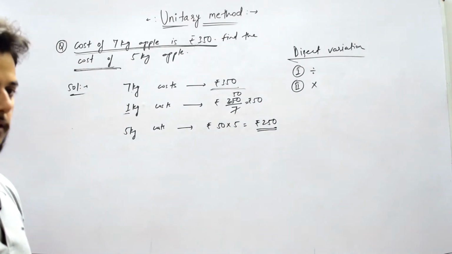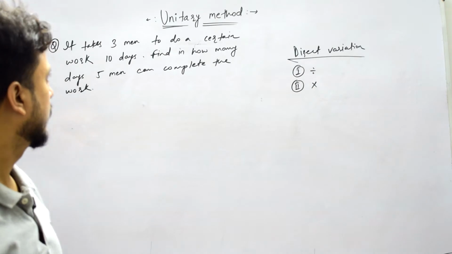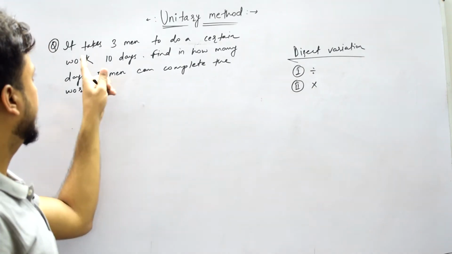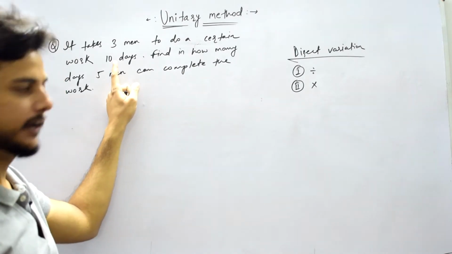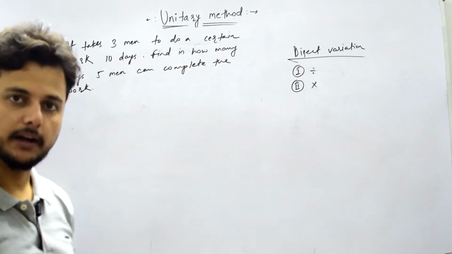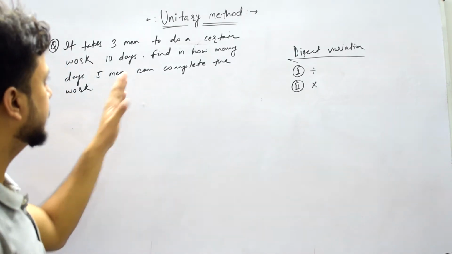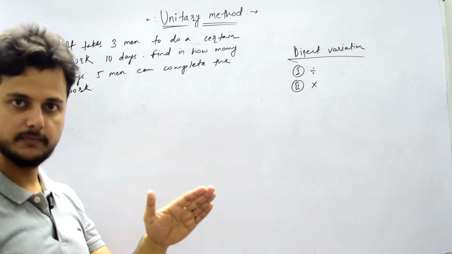Now next, let us see inverse variation. My next question is: it takes 3 men 10 days to do a certain work. Find how many days it will take 5 men to complete the work. First of all, we have to understand whether it is a direct or inverse variation.